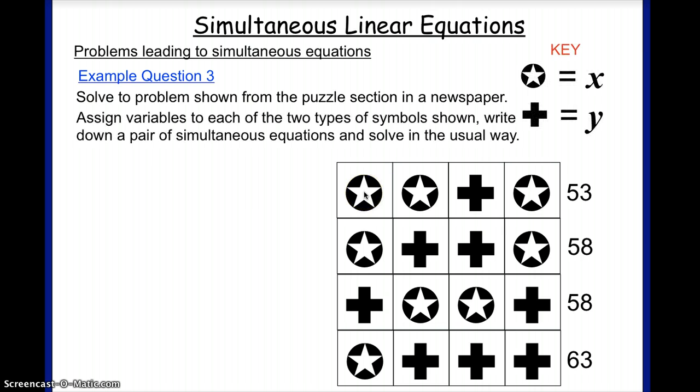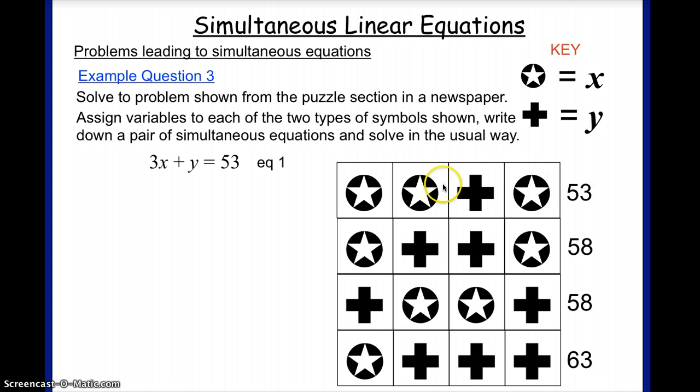So let's make the star x and the cross y. Using the first row, if I want to represent this as an equation, we can write 3x, x meaning the star, so you have 3 stars, plus y, which is 1y or 1 cross, is equal to 53.